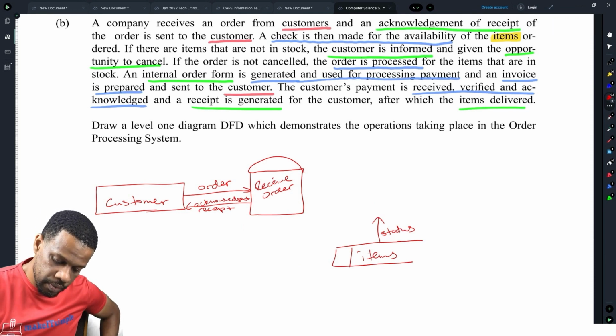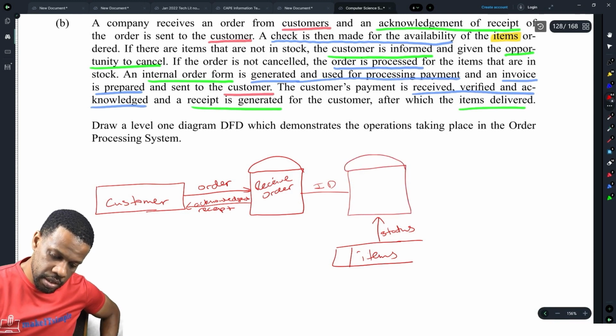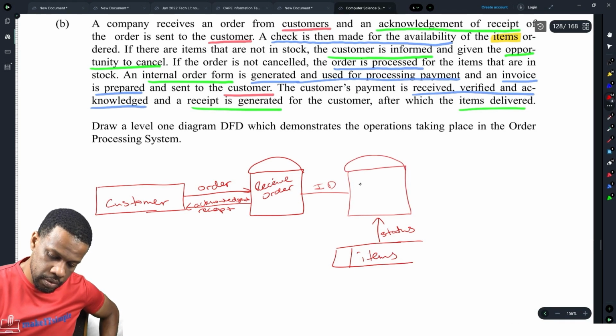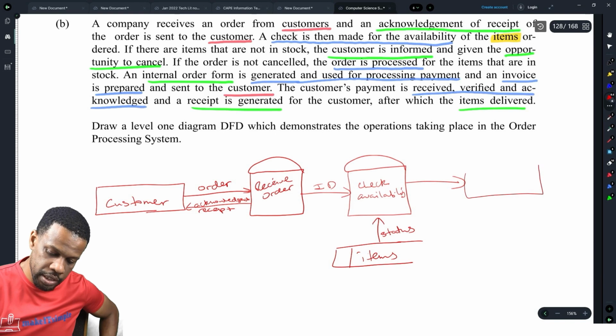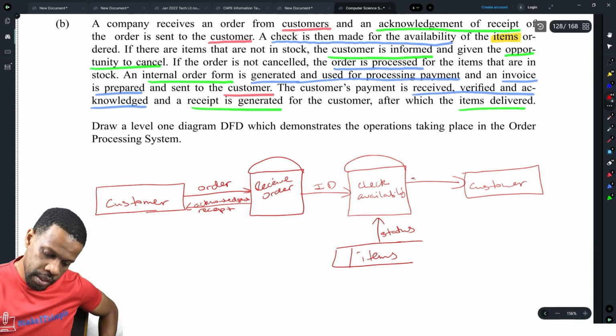So we'll send the order ID, and I'll create this process and name it check availability. When you check the availability, now you could send a message to the customer to let them know if it is there or not. The customer is informed. Inform the customer of the status.